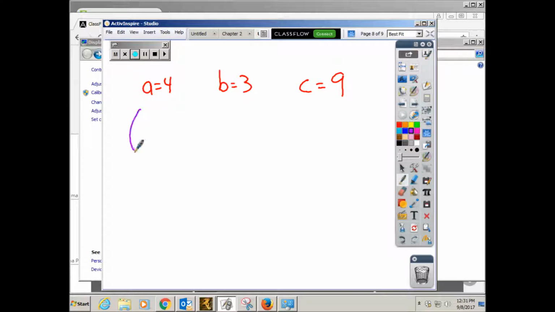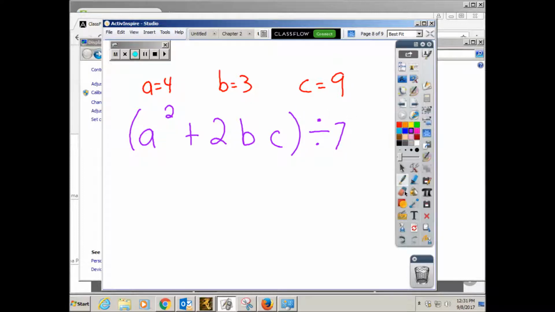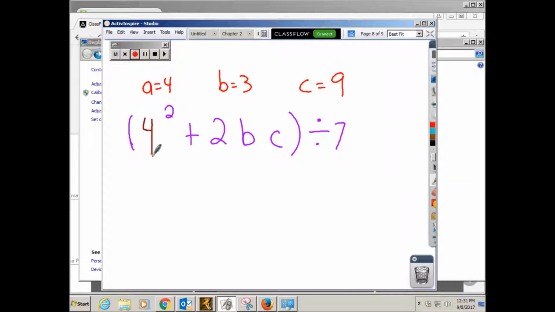The next one was A to the second power plus 2 times B times C, divided by 7. So we're going to substitute. What's going in for A? 4. What's going in for B?